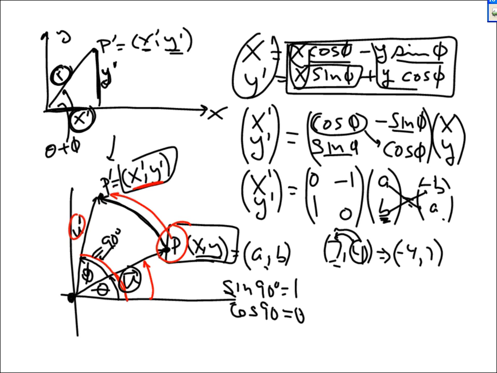We just proved something major, that if you have the point 8, 2, and you rotate it 90 degrees, this point will be negative 2, 8. I switch the 8 into 2, and the 2, when I move it, the sign changes.